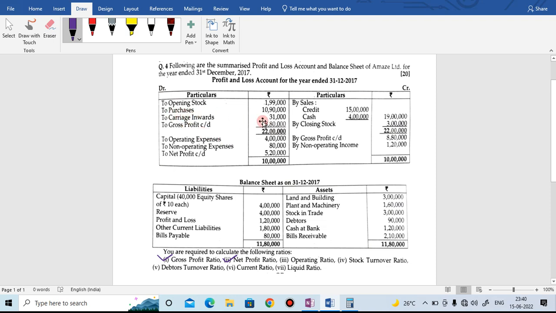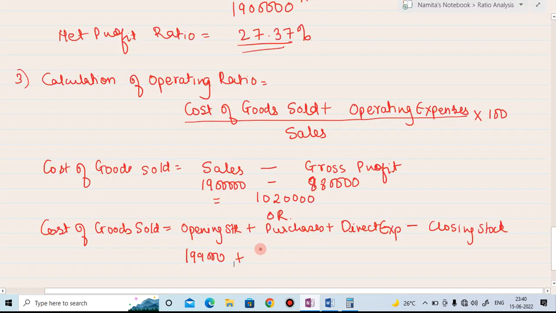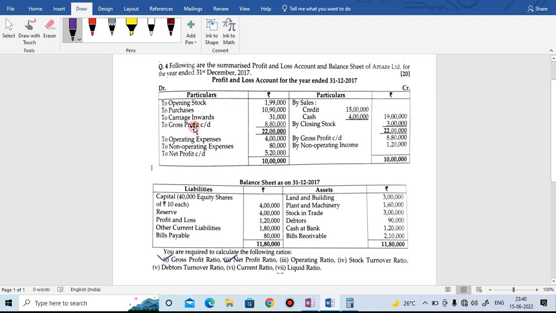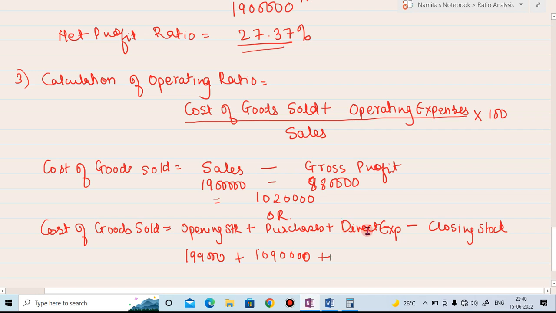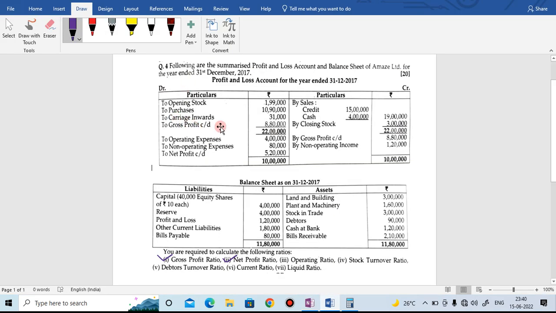Purchase is given as 10,90,000, plus direct expenses. You will get it in the trading account. Direct expenses over here is carriage inward. So carriage inward value is 31,000.